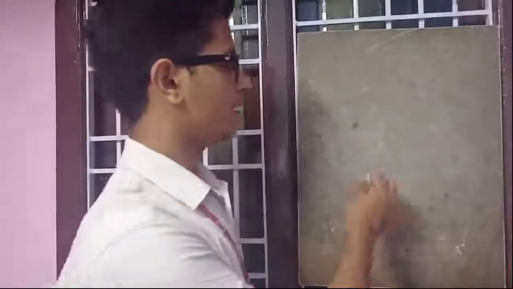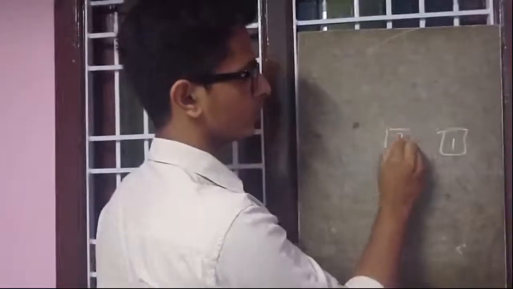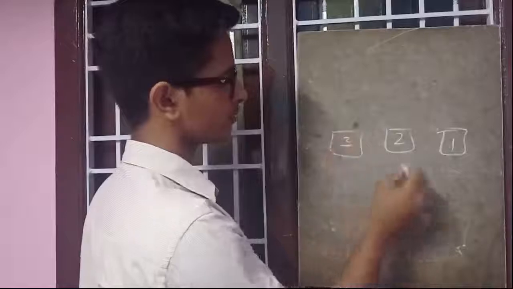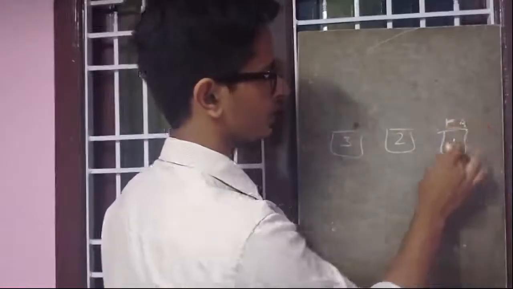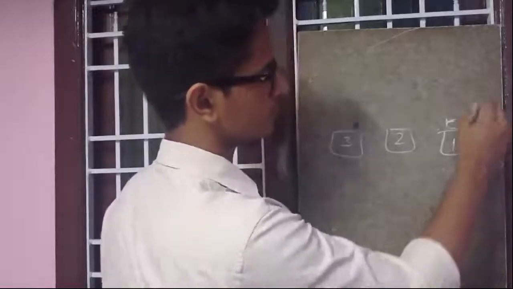But you can also pose a question to me: why use a carry look-ahead adder instead of using three full adders for the same purpose? The main difference is in the case of three full adders: this is full adder 1, this is full adder 2, this is full adder 3. Initially, carry is given as 0.